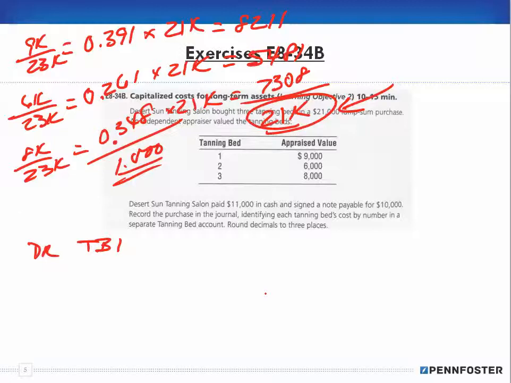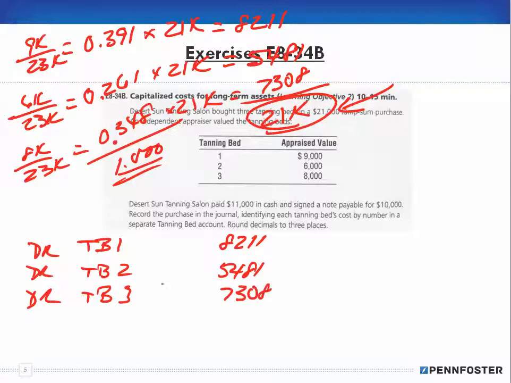Now, if you were writing this in a journal, you would write out tanning bed 1, but realize that I'm just doing this for efficiency and to save some time here. Okay, so that would be my 8211. I would debit tanning bed 2 for 5481, and I would debit tanning bed 3 for 7308.